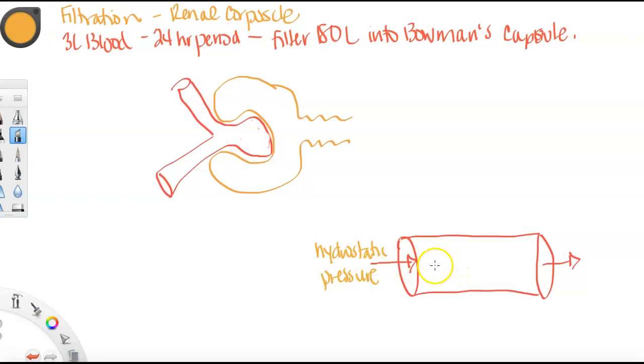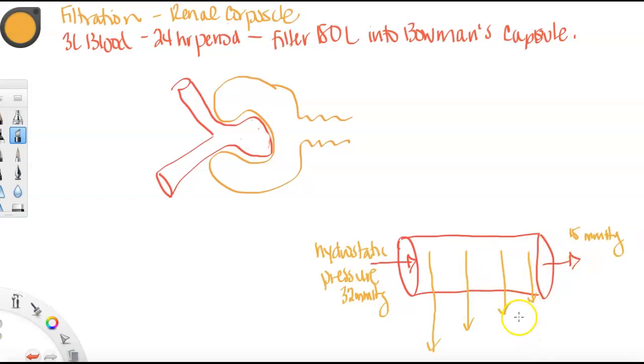That hydrostatic pressure puts pressure on the walls of the capillary, and that pushes out fluid, as you remember. As it goes down the capillary bed, the hydrostatic pressure decreases. It starts at about 32 millimeters of mercury and ends at about 15 millimeters of mercury.